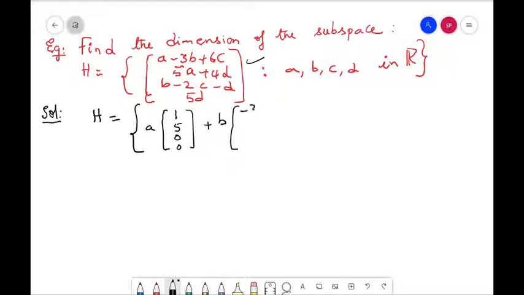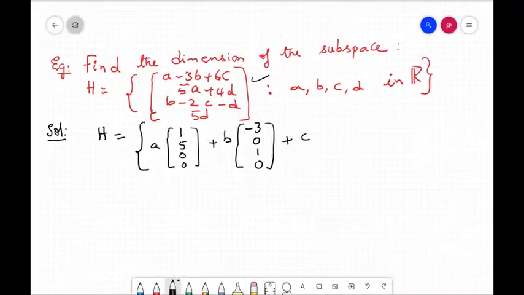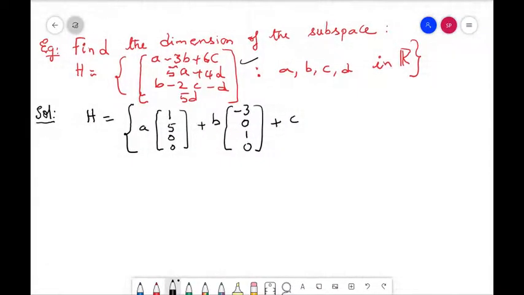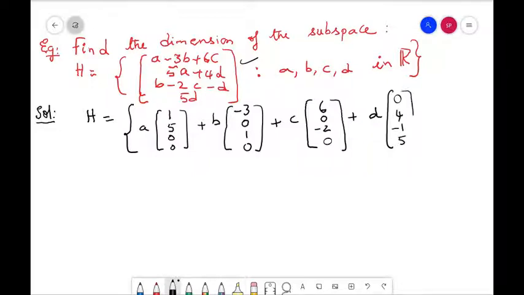The coefficients: minus 3, 0, 1, 0, and then plus c times 6, 0, minus 2, 0, plus d times 0, 4, minus 1, 5.